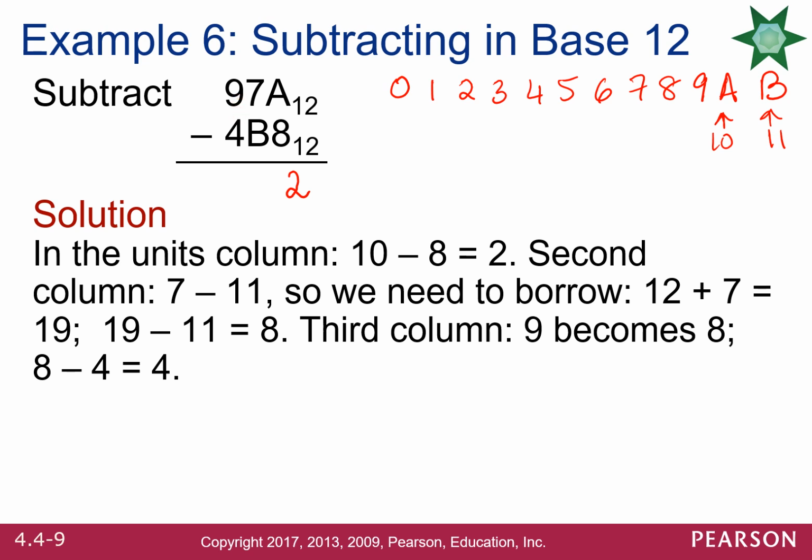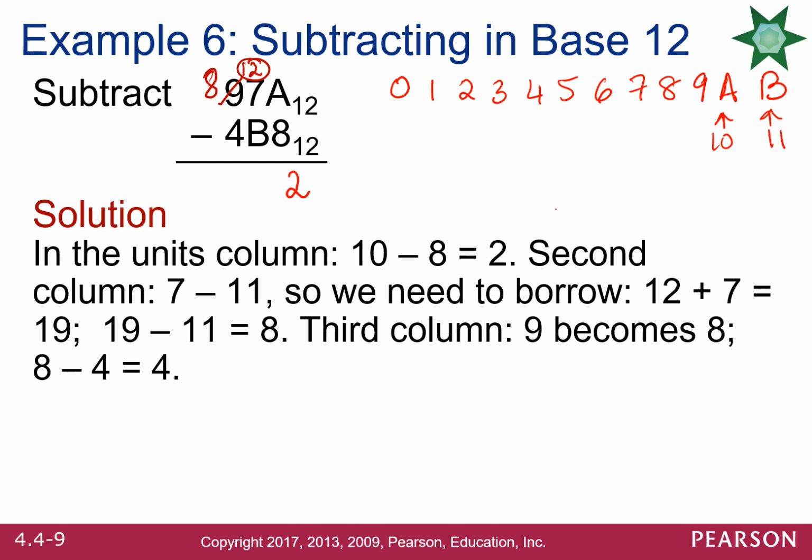So when I borrow a bundle from this column here, the 9 is going to become an 8, but over here we have given a bundle of 12 to the 7.